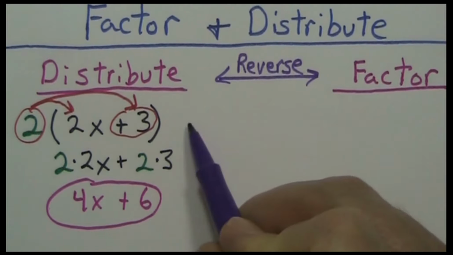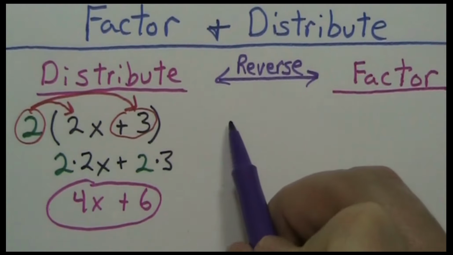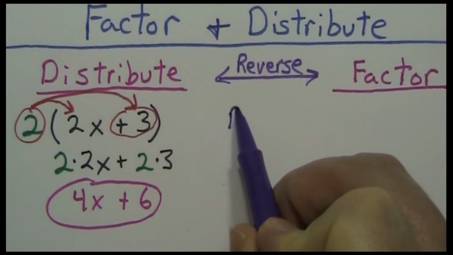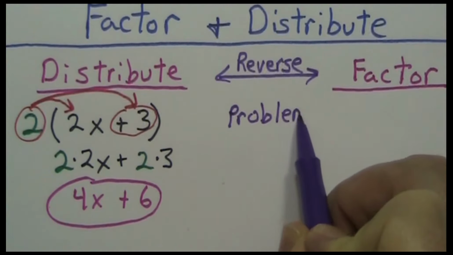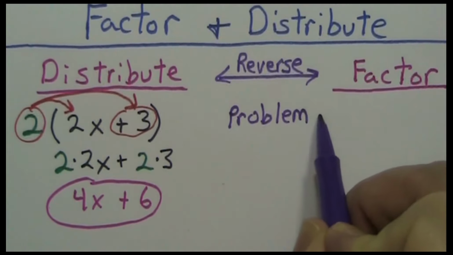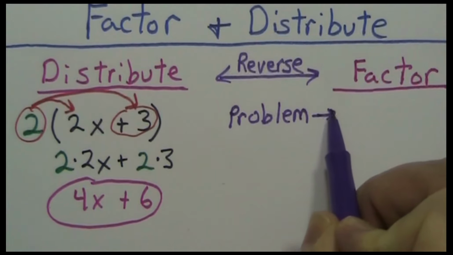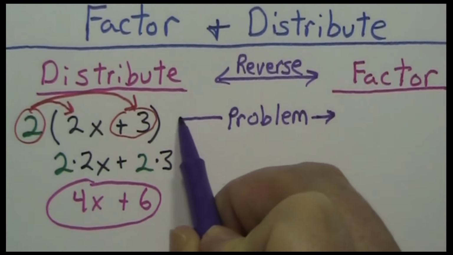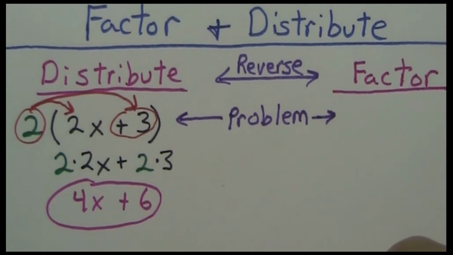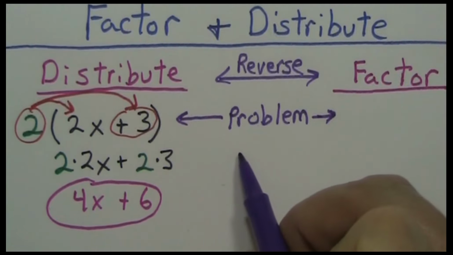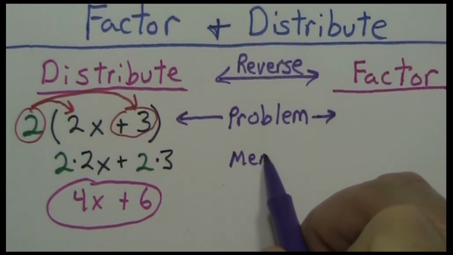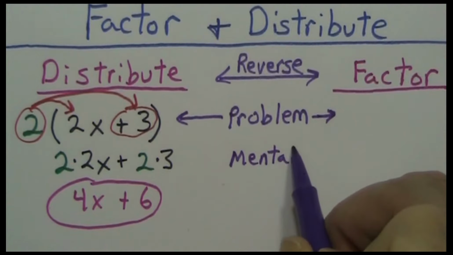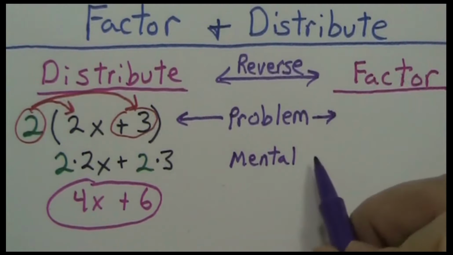This is where we're going to write the problem. So I'm going to write the word problem. Put a little arrow. Problem. Then we have what's done mentally. Mental, right?